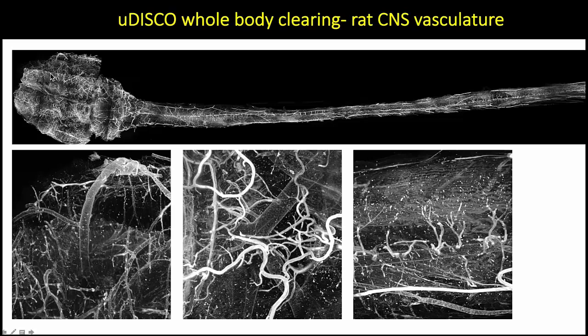You have the details all around from head to the spinal cord. You can see really large vessels and small vessels. If you're interested in studying angiogenesis, vessel deformation after injuries or in neurodegeneration, this is really a cool method, and you can apply it at any organism level: rats, mouse, and it would work with other animals too.